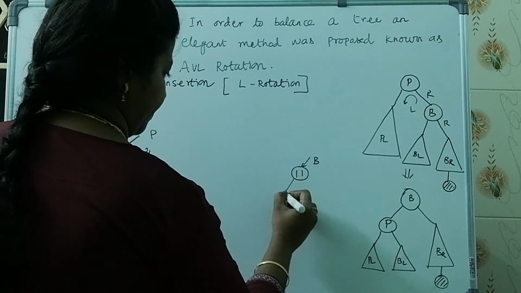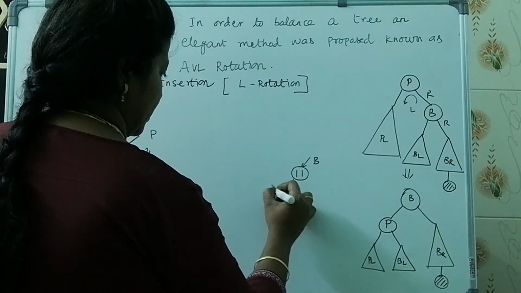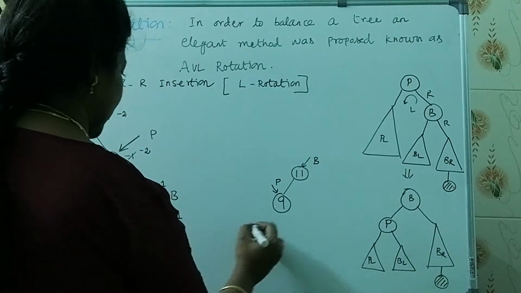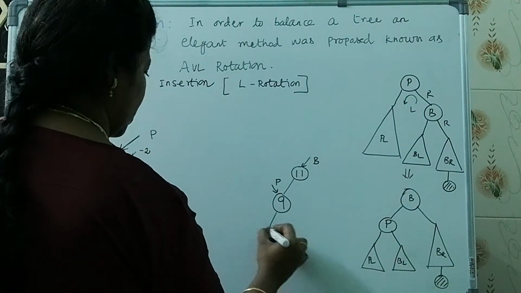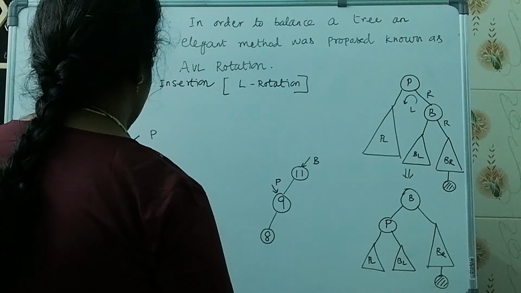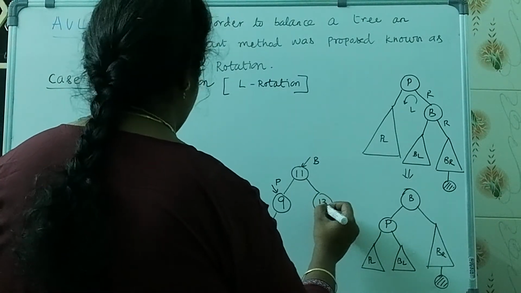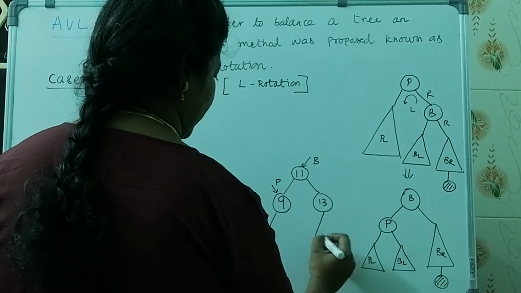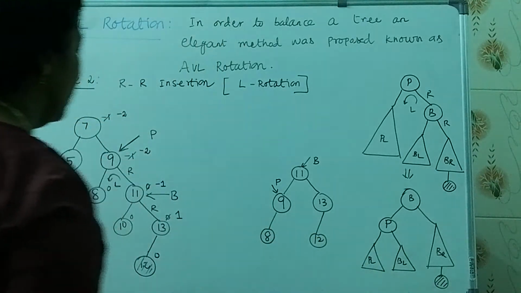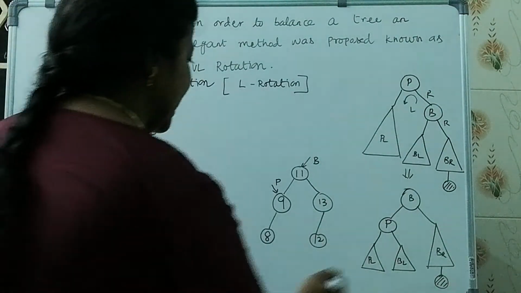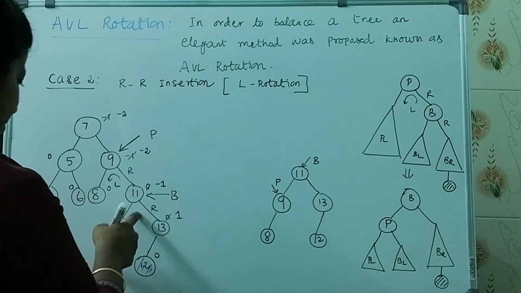P is 9. Okay, this is P. Okay, and what is PL? PL is 8. No change in PL. Similarly, no change in BR. So what is BR? 13. 13's left is 12. This is the new node that we have inserted. Now what is BL? The BL is this 10.